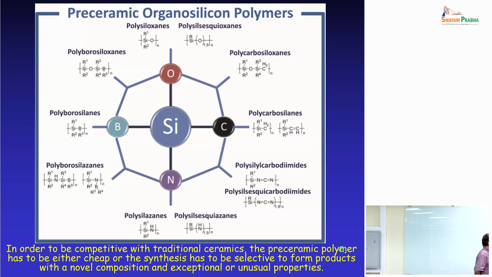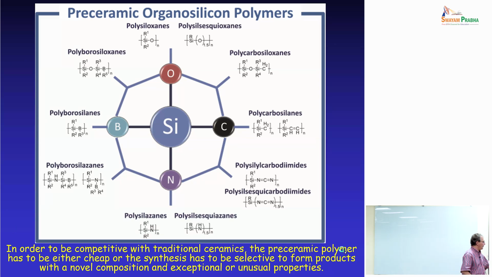They all are based on silicon. As I mentioned, you can also have borazine, which is a boron nitrogen-based material, but it is quite specialized, and not many people use that, and there is no commercially available polymer based on that. So some of these are commercially available, other ones are synthesized in the laboratory.